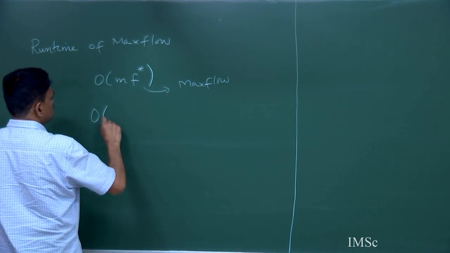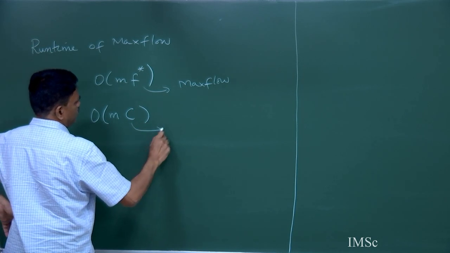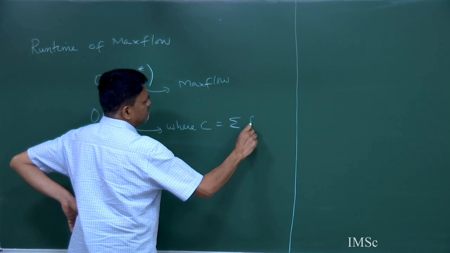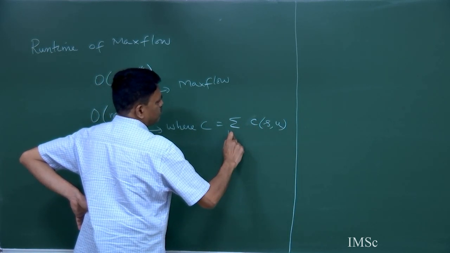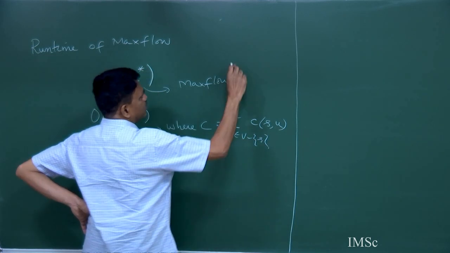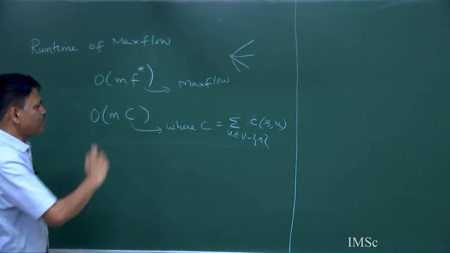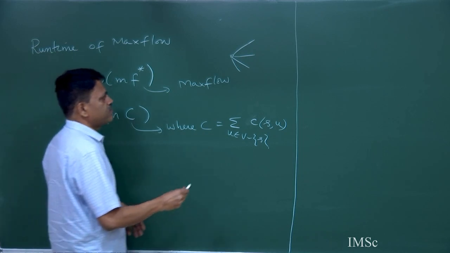You can also say it is m times c, where c is the summation of capacity out of S, right? If you look at your S, there is some upper bound for Maxflow. This is an upper bound, so I can bound by this.